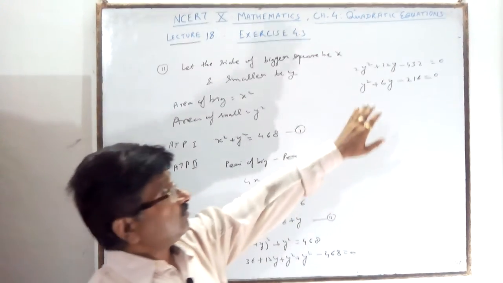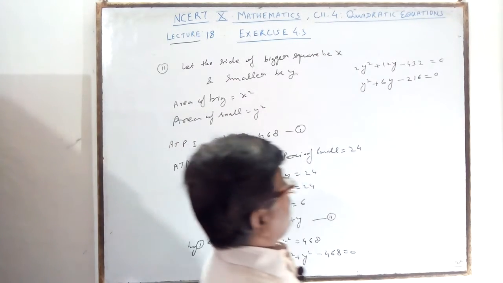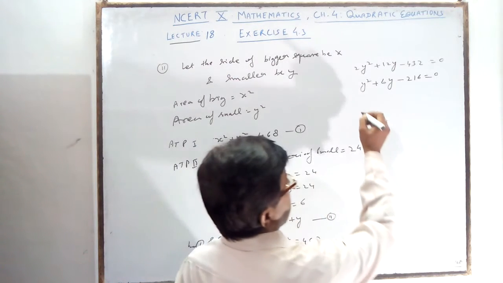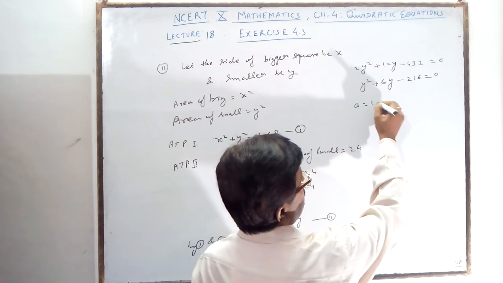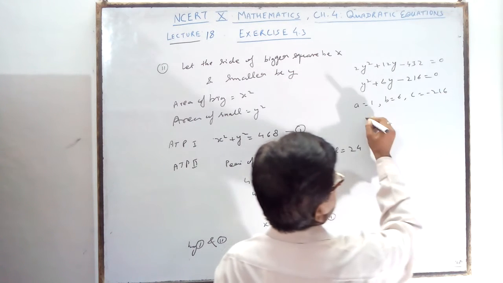You are getting a quadratic polynomial whose variable is y. You can solve it by the middle term, or you can use the quadratic formula. A is equal to 1, B is equal to 6, C is equal to minus 216.